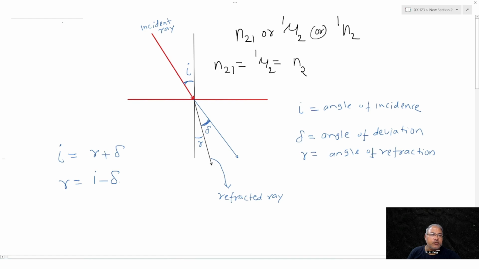The various books are using various notations. This is nothing but the refractive index of the second medium with respect to the first medium.